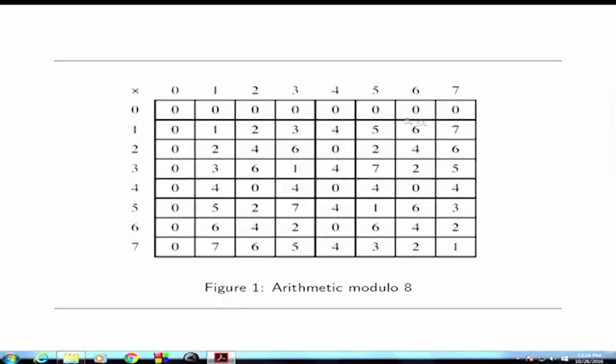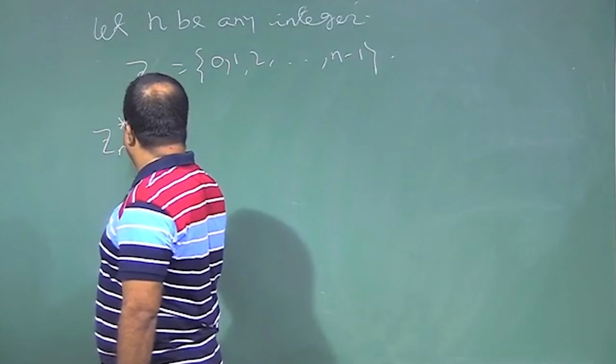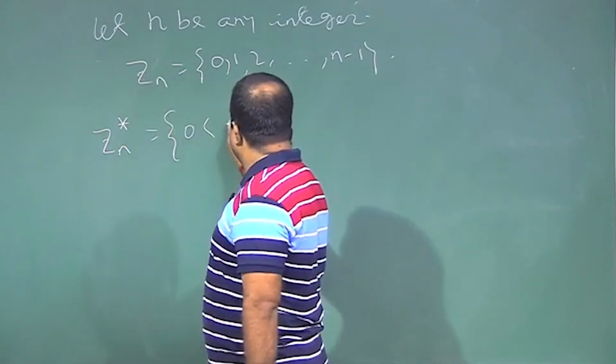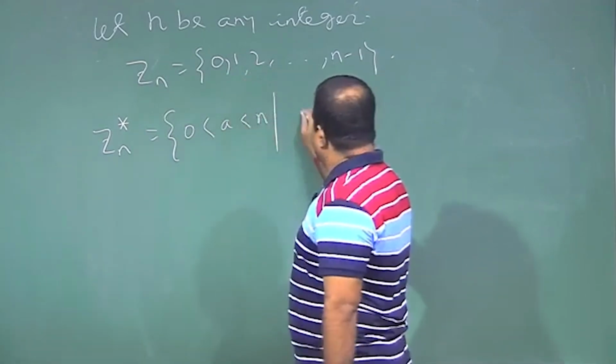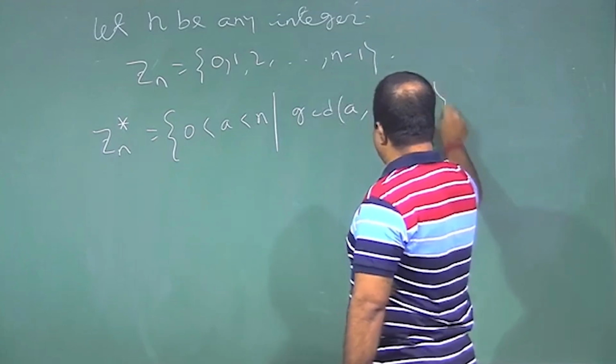Then we have seen that not all elements have the multiplicative inverse, only those elements that are relatively prime to n. That element set we define as Zn star. Zn star is the set of all elements less than n such that GCD of a comma n is 1.